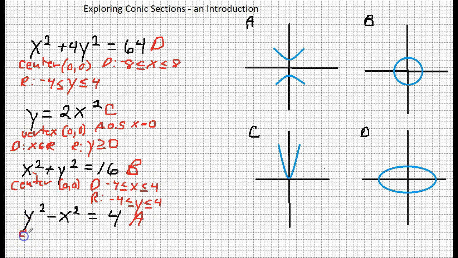So, center is 0, 0. Okay, now, my x values, this would keep going down and this would keep going up. So x is all real numbers. So domain, x, element of the reals, all real numbers. However, there are no y values here between +2 and -2.